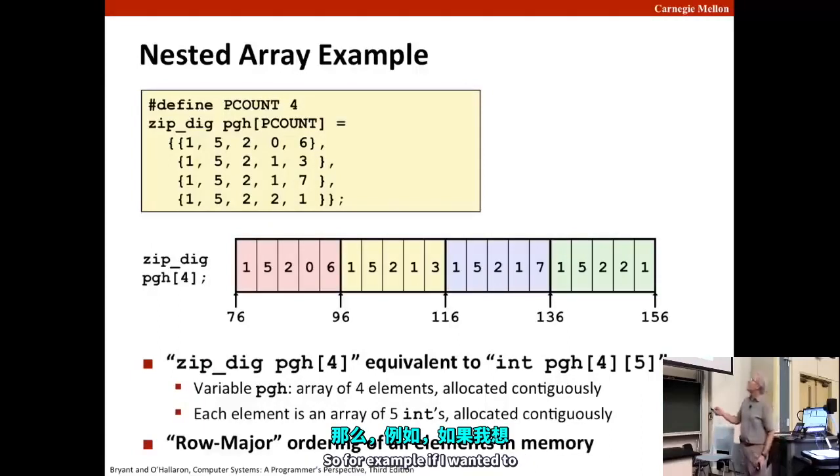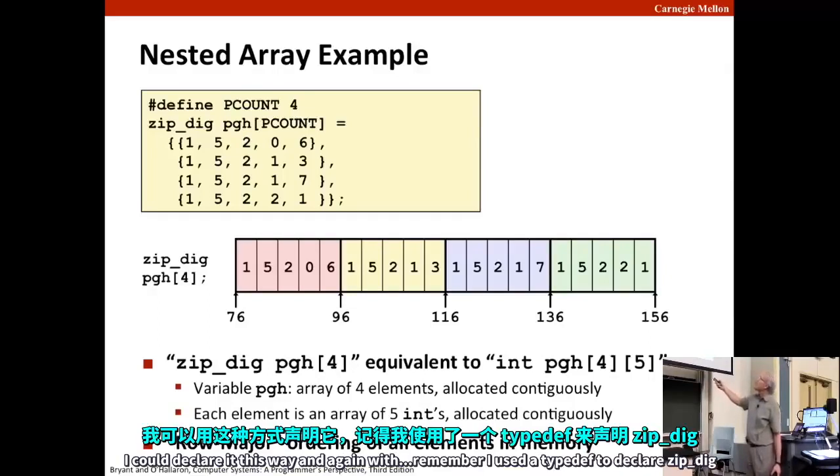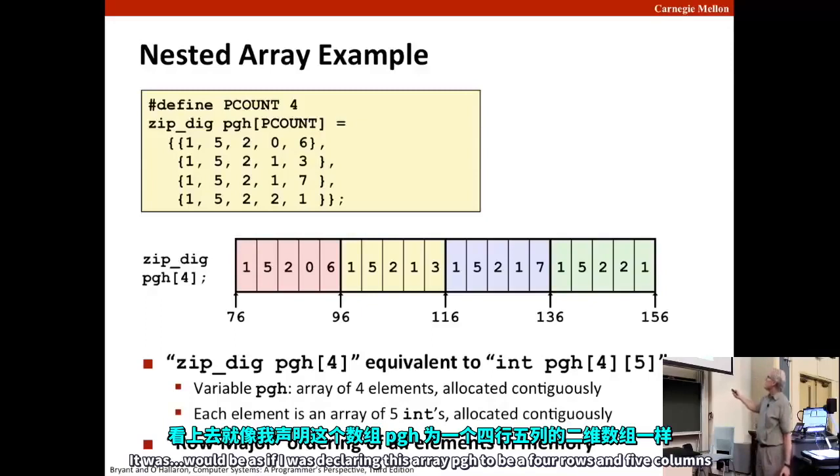So for example, if I wanted to extend my zipdij idea and introduce an array of 4 of these, I could declare it this way. And again, remember I used a typedef to declare zipdij. But if I were to expand this out, it would be as if I was declaring this array pgh to be 4 rows and 5 columns.